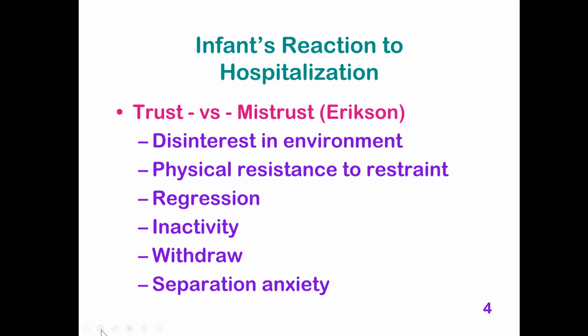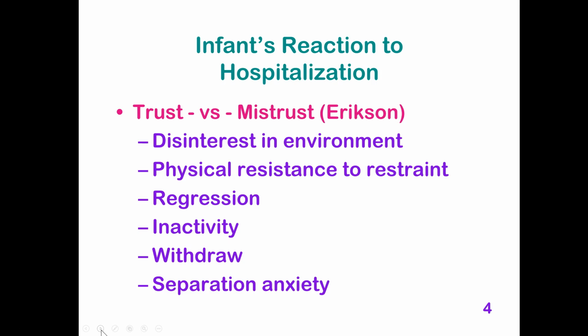Okay, so infants, we're going back to Erikson. It's all about trust versus mistrust. They are exposed to painful procedures, and they also are having their routine disrupted. They're getting no sleep, which is not a good thing at all for an infant.